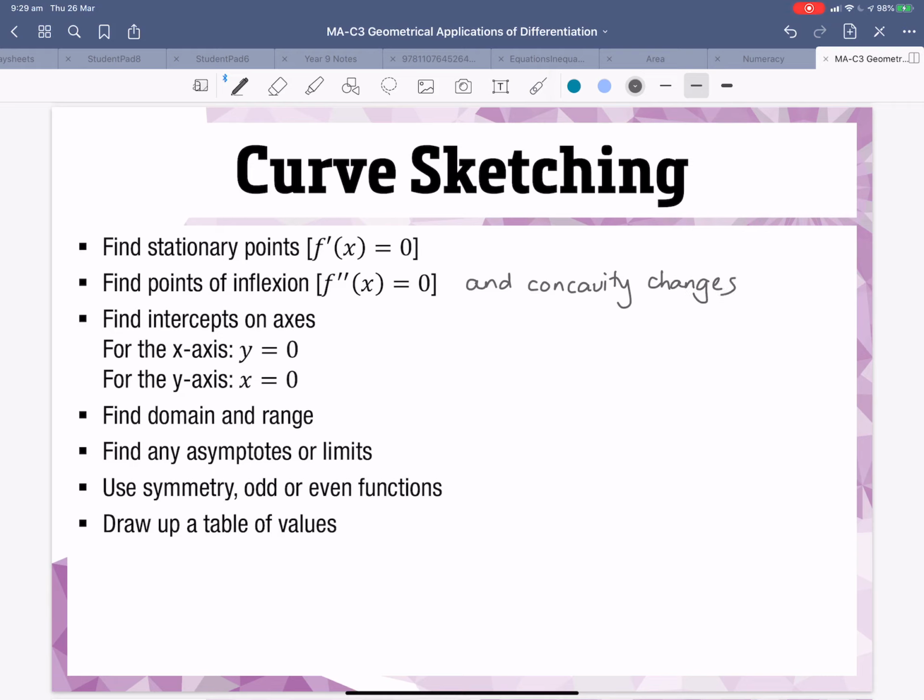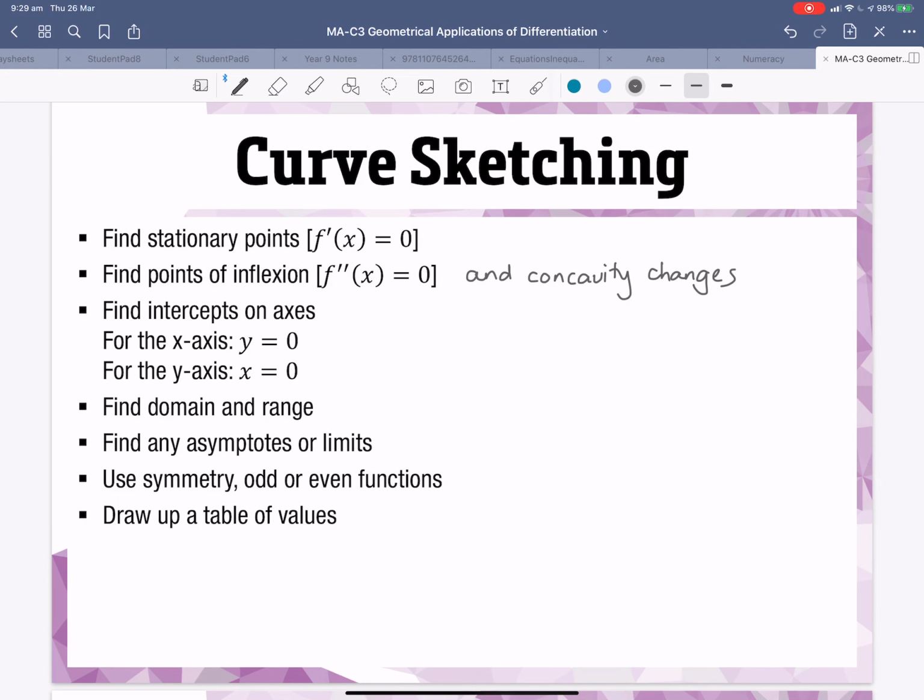Okay, we can still find the intercepts, though we can't always find our x-intercepts. We can look at restrictions on the domain and range. We can look at asymptotes and what happens to our function as x approaches positive and negative infinity. And we can use what we know about a function's oddness.